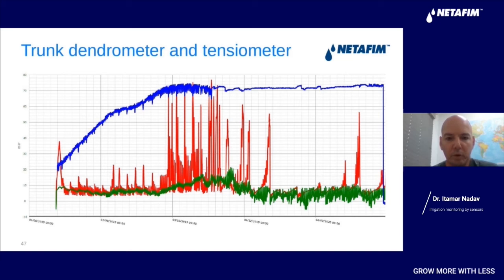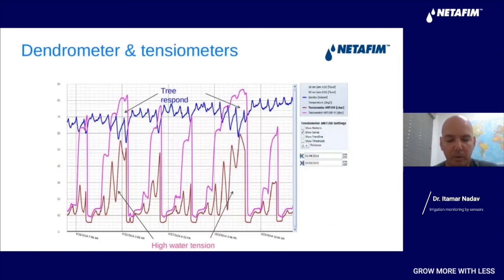You can see a lot of shrinking during that period, and I will show you a more exact example. You can see here that every time that the water potential is very high, and this is a tensiometer, the tree responds with much deeper MDS, and after irrigation, the MDS comes back to the natural situation.